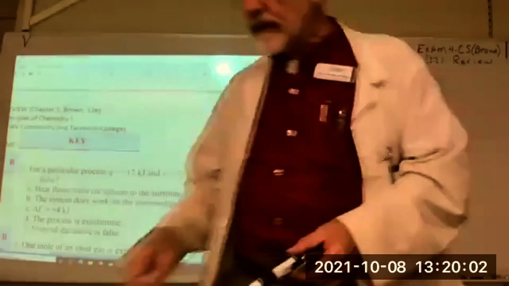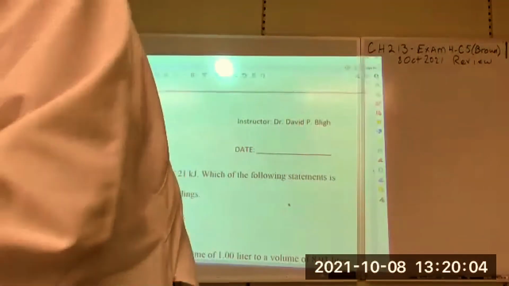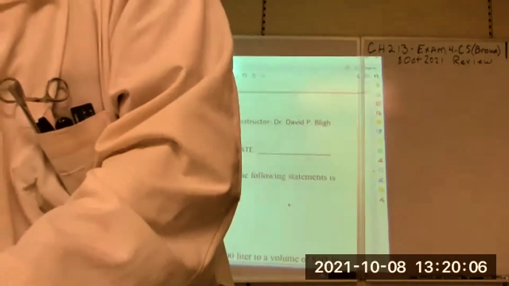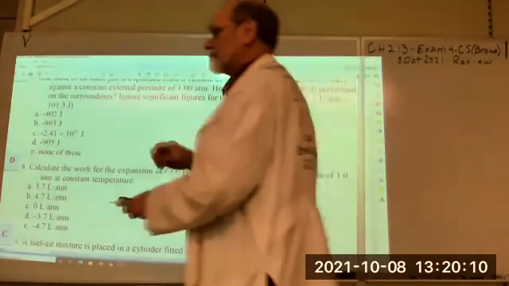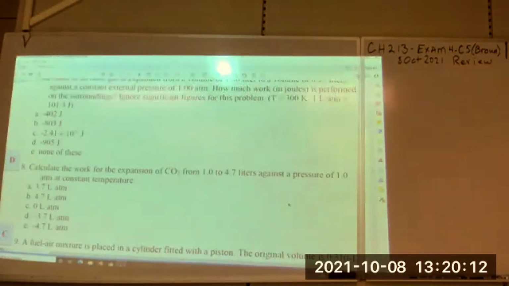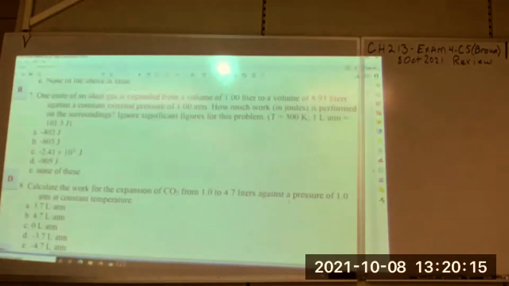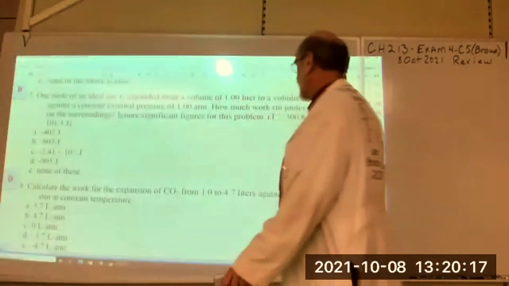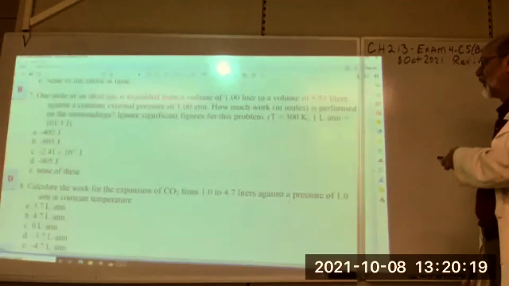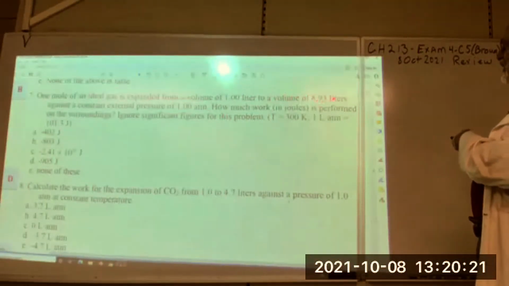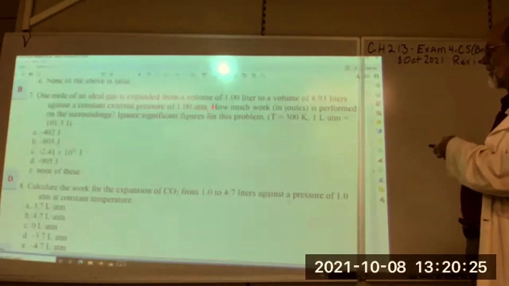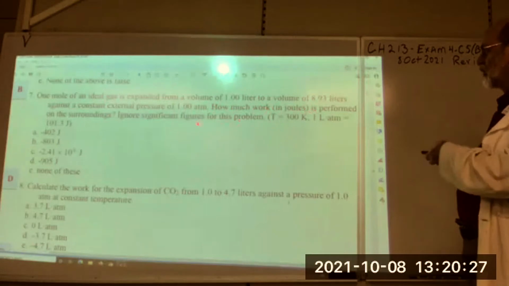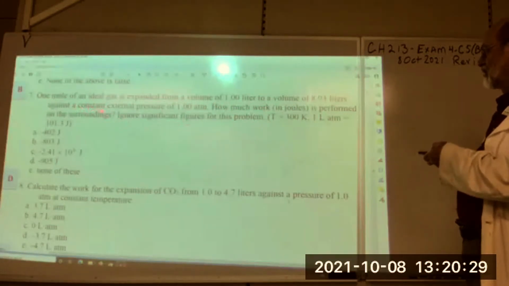Okay, let's see. Got some checked off. Let's go down to 7. There we go. 1 mole of an ideal gas is expanded from a volume of 1 liter to a volume of 8.93 liters against constant external pressure. Okay. How much work is performed on the surroundings?